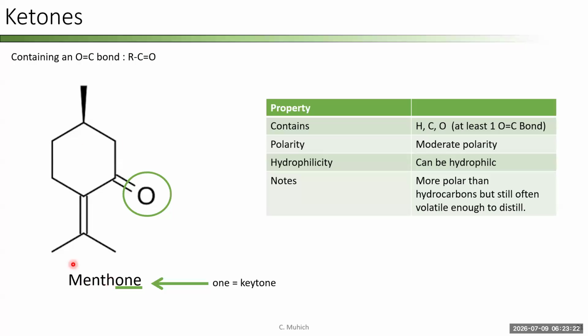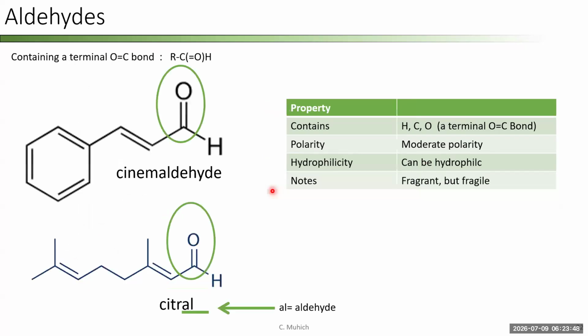This molecule is called menthone. When we have one, this means we have a ketone. This generally is moderately polar, can be hydrophobic or hydrophilic depending on how large this backbone is. It's generally more polar than our hydrocarbons, but is still volatile enough that we can undergo distillation.